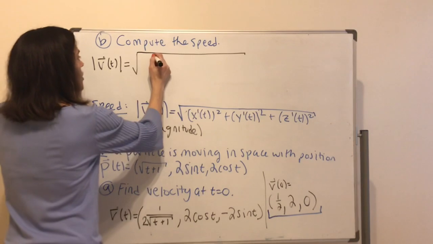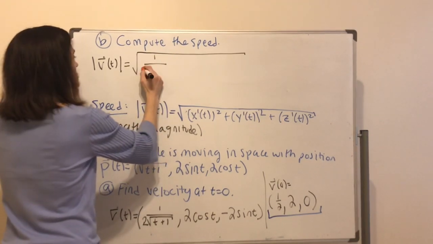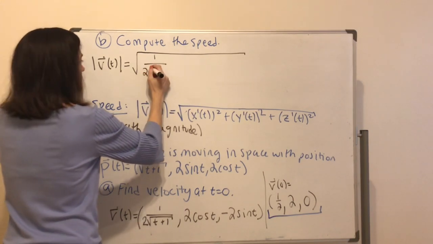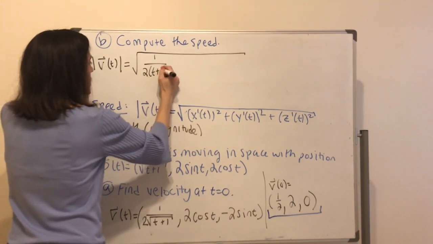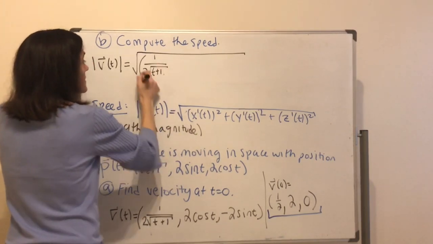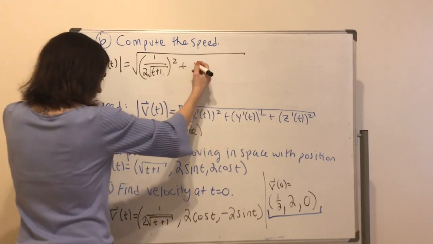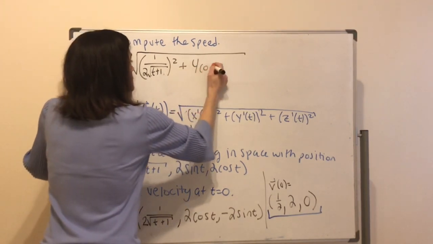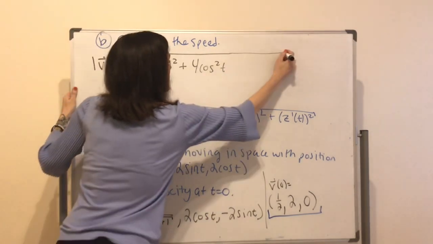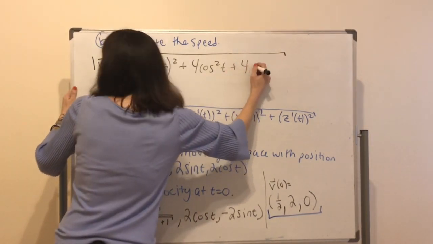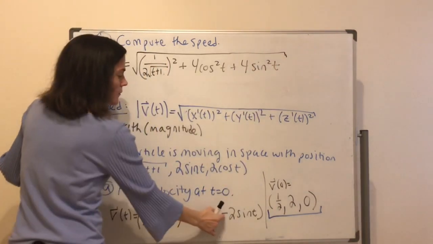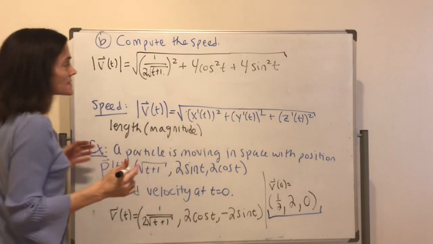So here we get, maybe I will show it in 2 steps, a square root, then 1 over 2 square root t plus 1, squared, and then we have 4 cosine squared, and then when we square the negative, well, minus 2 times minus 2 is positive.